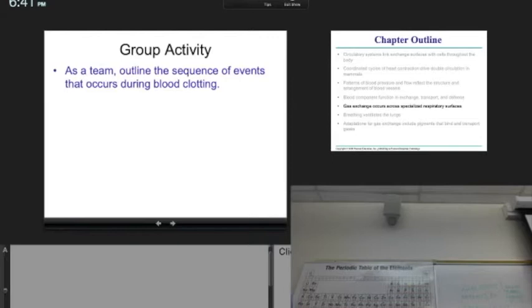It's like a net that catches, and it's just fibrin.